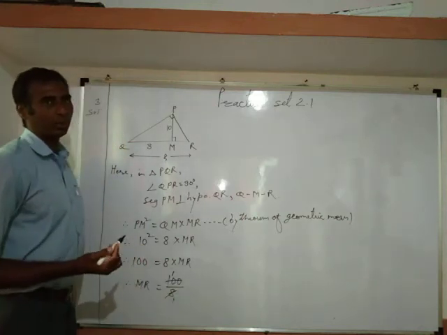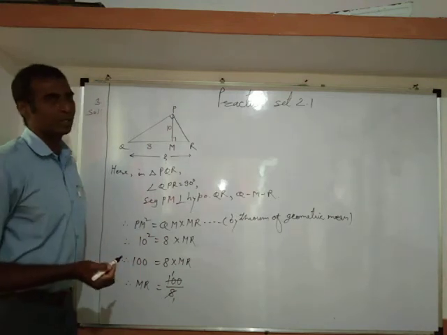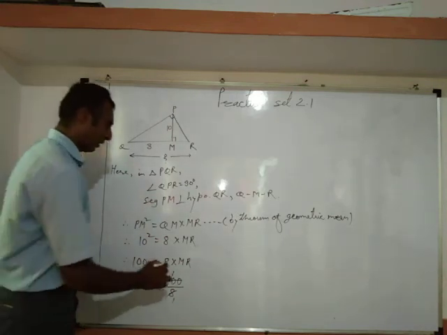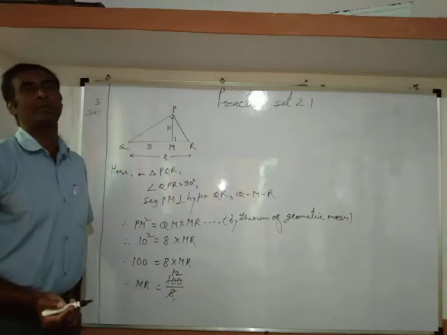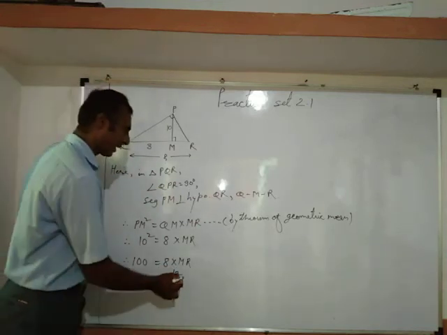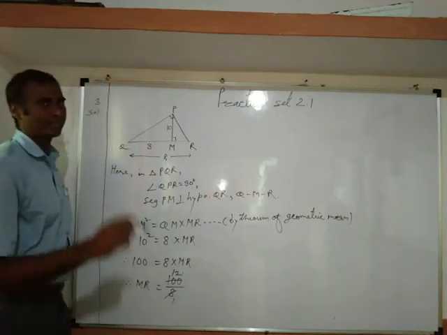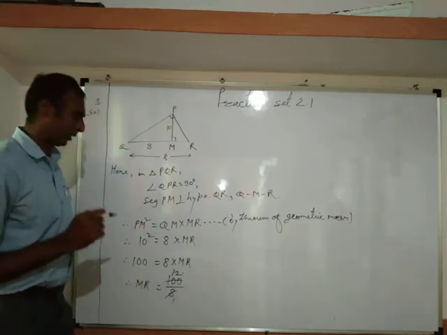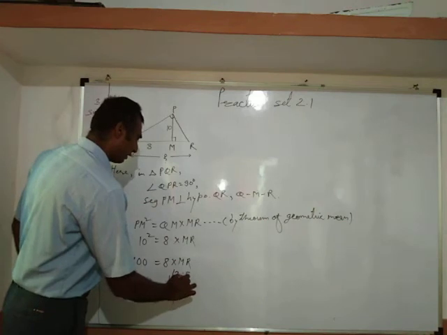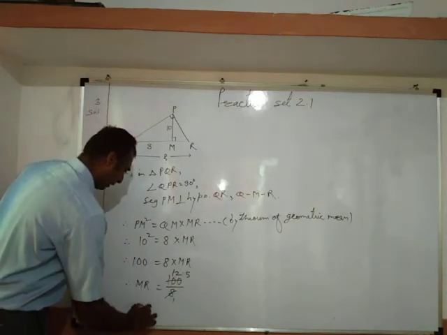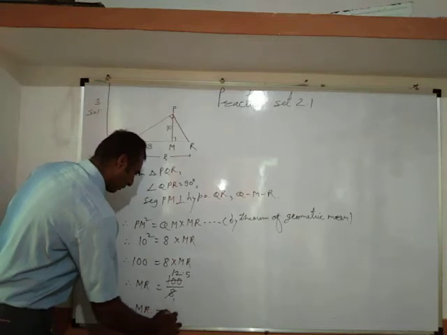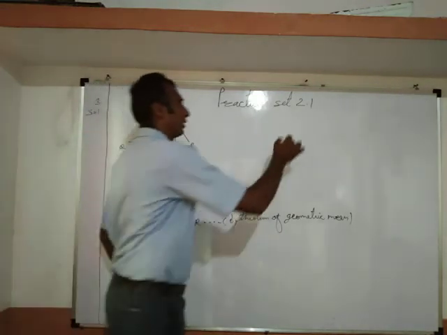Remainder will be 2. By taking 0, it will form 20. 8 2s are 16. Remainder will be 4. No digit to take, that's why we will put decimal and take 0, then it will form 40. 8 5s are 40. And therefore, MR equals 12.5.